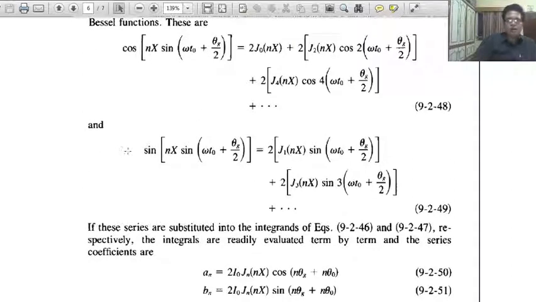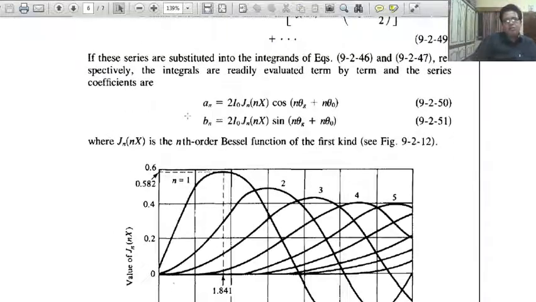Similarly, if you have a sine term, then you get odd terms J1, J3, and here you get even terms J2, J4, J0. Okay, this is the method how you can remember this term.